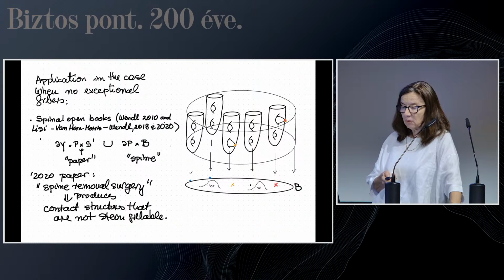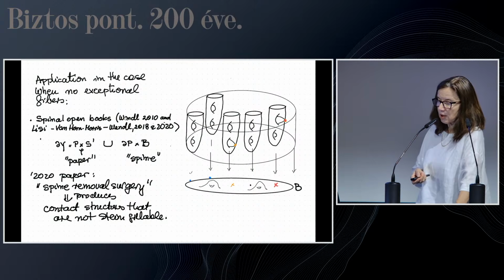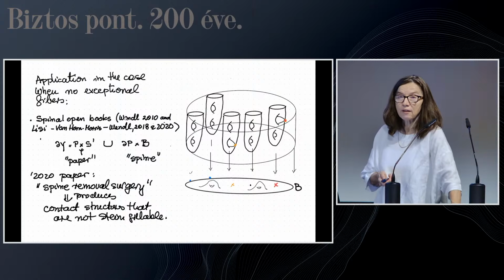And in 2020, they have a construction called spine removal surgery, where they take this spine and replace it and kind of kill it, and they produce some contact structures that are not Stein fillable.